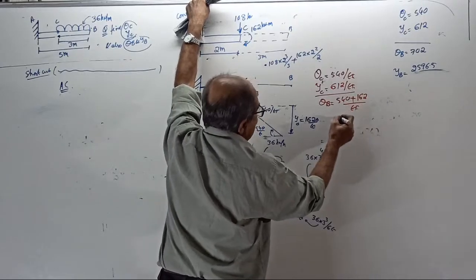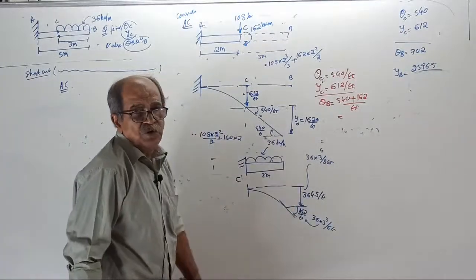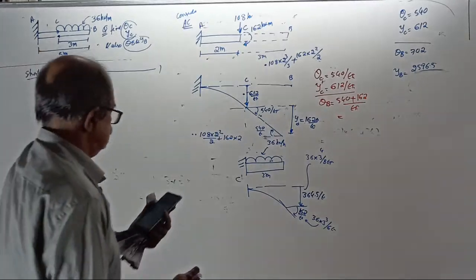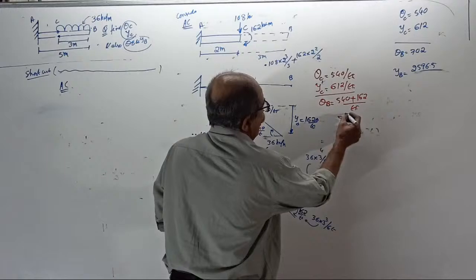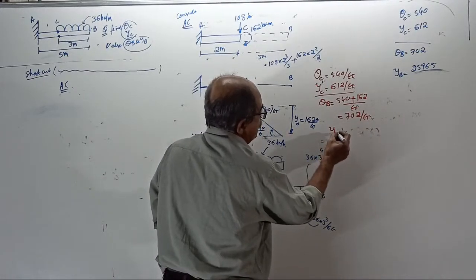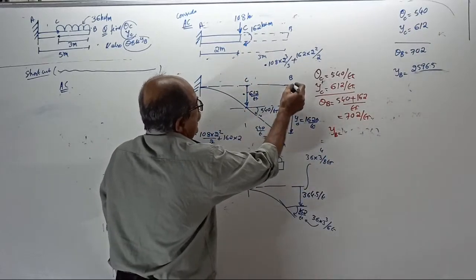Tell the final slope there: 702 by EI. And deflection at B equals, see, this point B will come here.